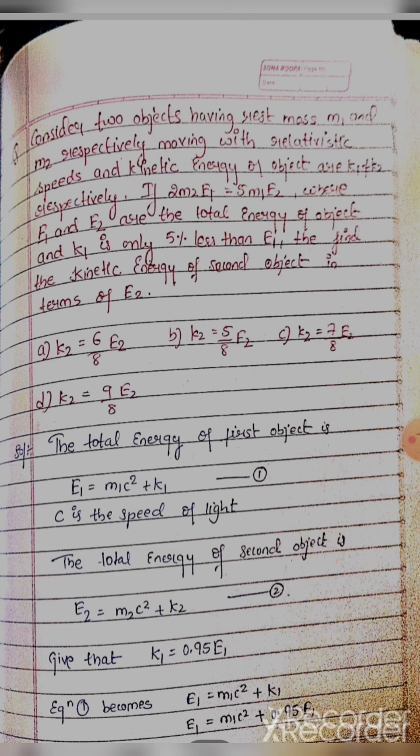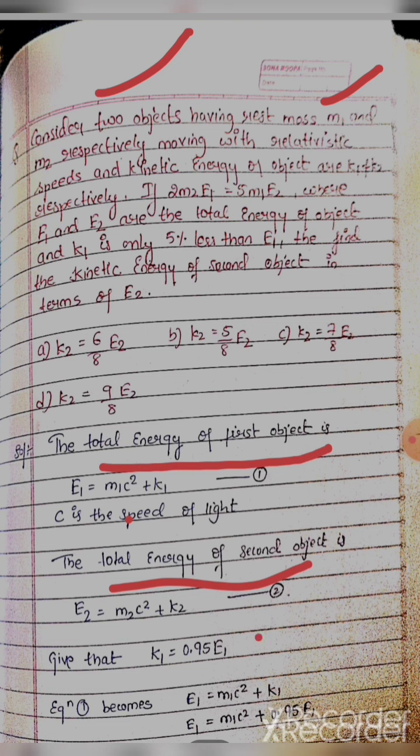First, we know the total energy for the first object. Here it's clear that there are two objects with rest masses m1 and m2. So the total energy for the first mass is E1 is equal to m1 c square plus K1. Here c is the speed of light. Similarly for the second object, the total energy is E2 is equal to m2 c square plus K2.